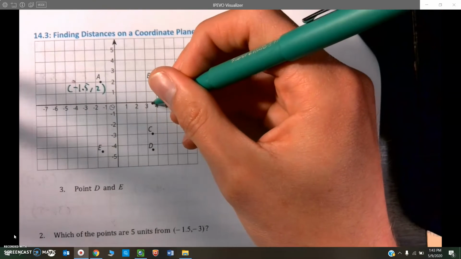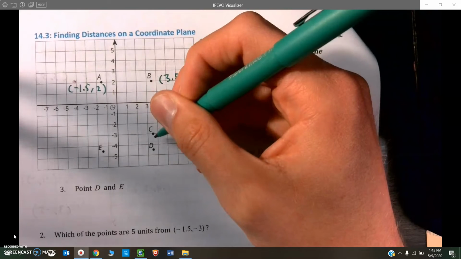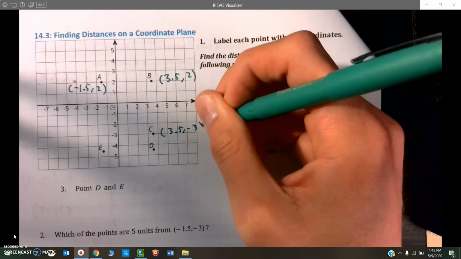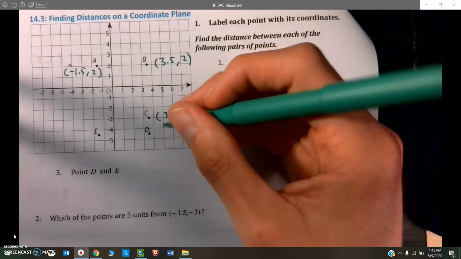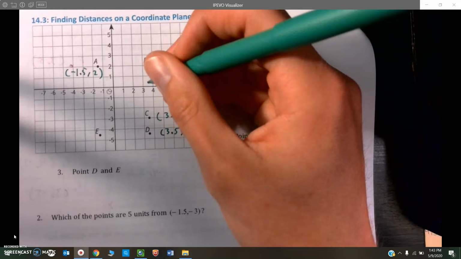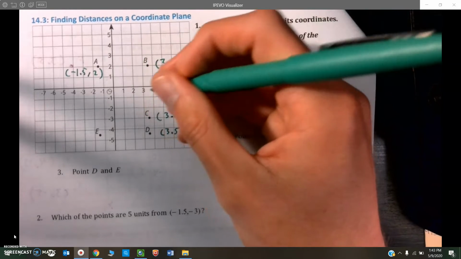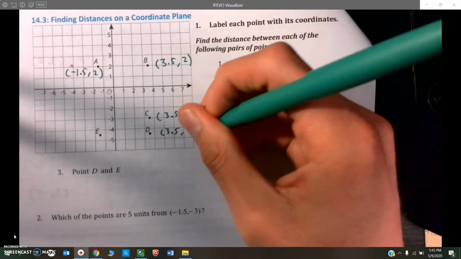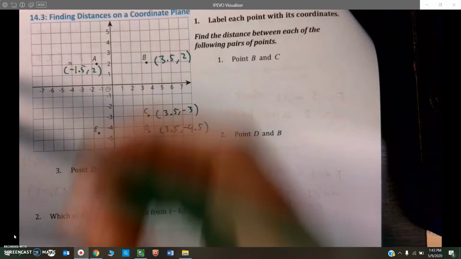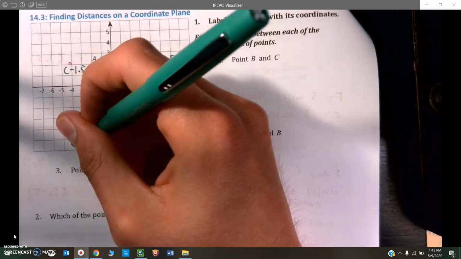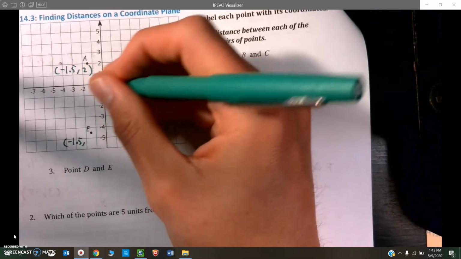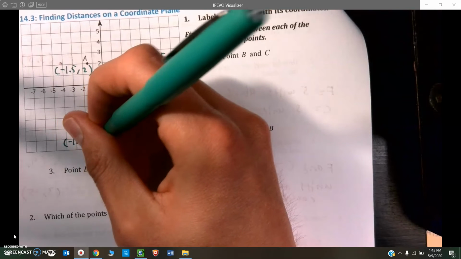C looks like it is over 3.5 and down 3, so (3.5, -3). D is also over to the right 3.5, but is down 4.5, so (3.5, -4.5). And E is to the left, -1.5, and down -4.5.